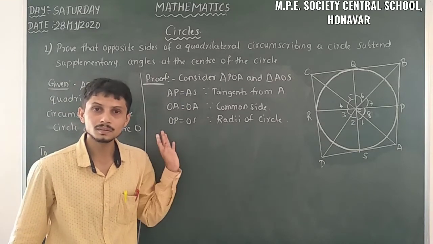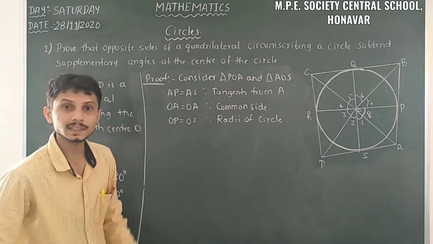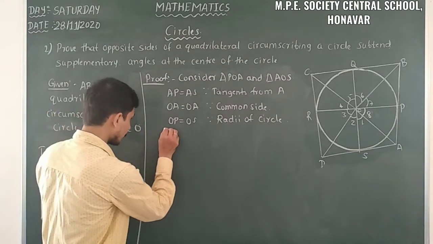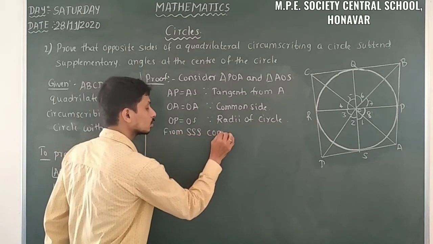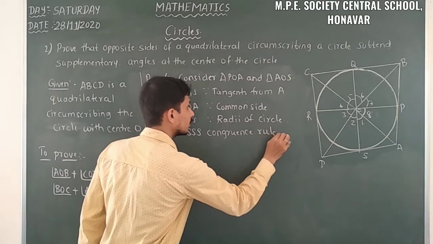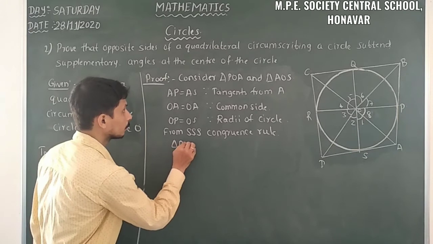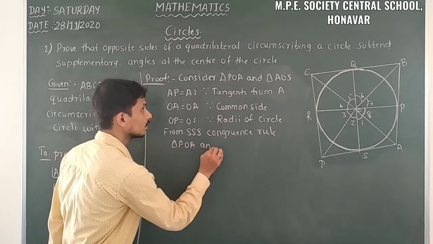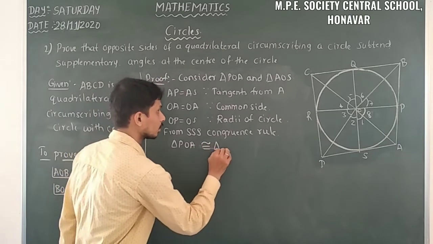Then we can consider those two triangles are congruent. So here we have the SSS congruence rule. From the SSS congruence rule, we can take those two triangles are congruent. That is triangle POA is congruent to triangle AOS.